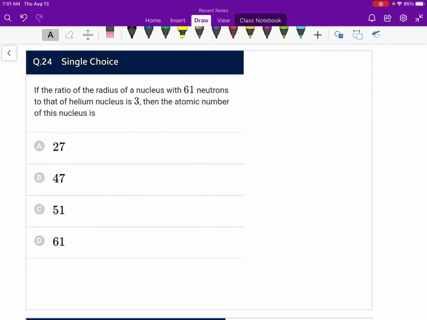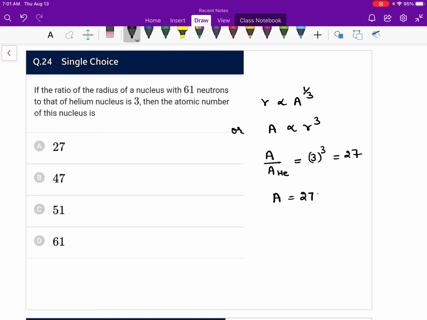If the ratio of the radius of the nucleus to that of helium is 3, then the atomic number of the nucleus? So radius is proportional to A to the power 1 by 3, or A is proportional to R cubed. So A of the given nucleus upon A of helium, the radii ratio is 3, so 3 raised to power 3, that is 27.